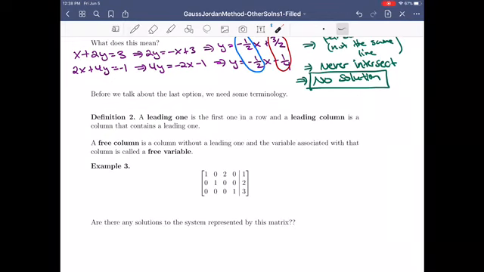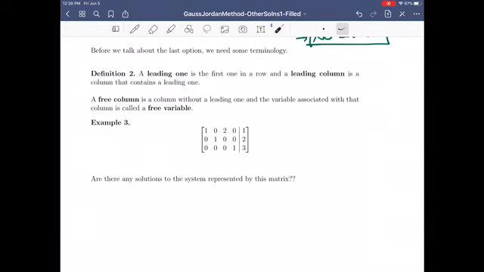So in this example, assuming that the variables went x, y, z, w, say, this one is the first one in row 1, so that's going to be a leading one. So that's going to be a leading column.